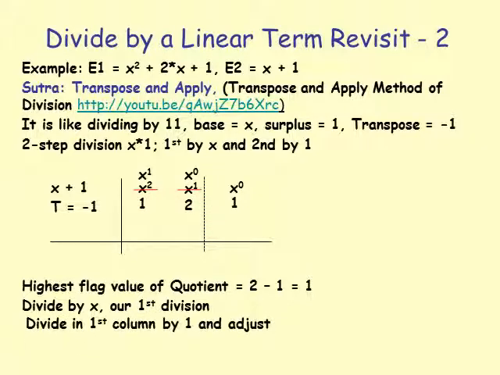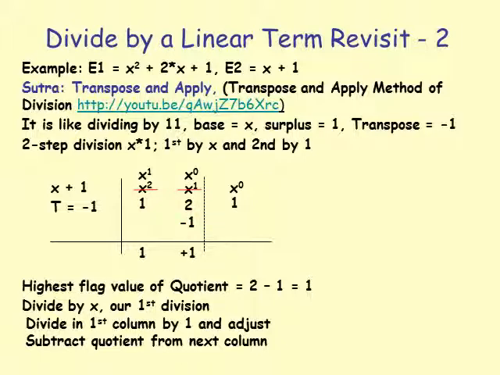Then we divide in the first column by 1. We divide this 1 by 1 and adjust. So we get plus 1 here, and transpose is minus 1. 1 times minus 1 is minus 1, the adjustment in the next column. So minus 1 here, and then 2 minus 1 is plus 1 here.